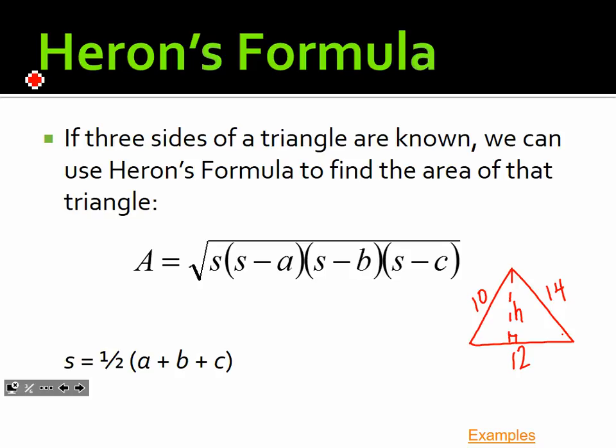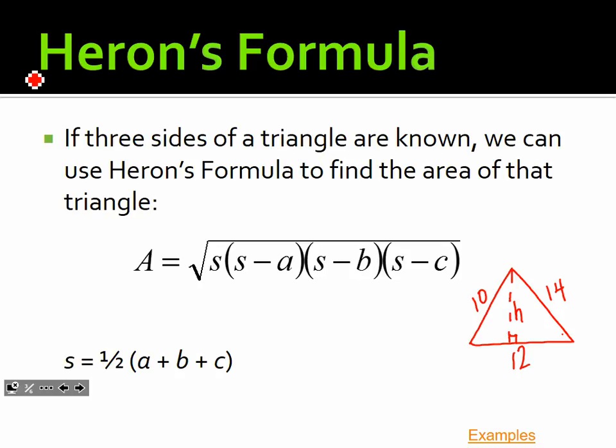If we're only given 3 sides and not the height or any angles, then we need another method. He developed this formula here, and it's the square root of S, which is the semi-perimeter, times the semi-perimeter minus each side of that triangle.